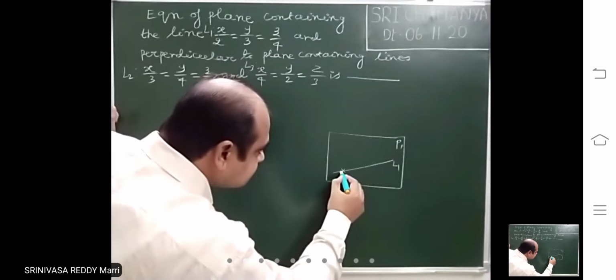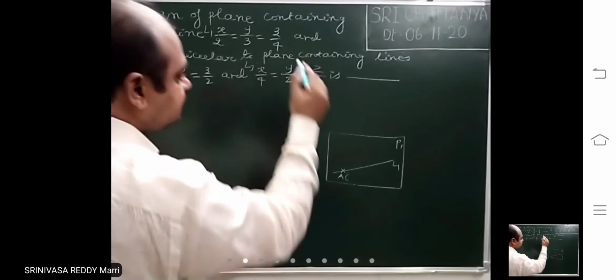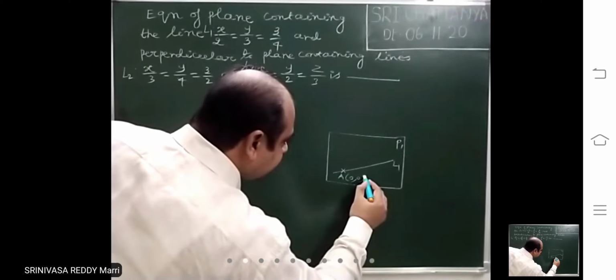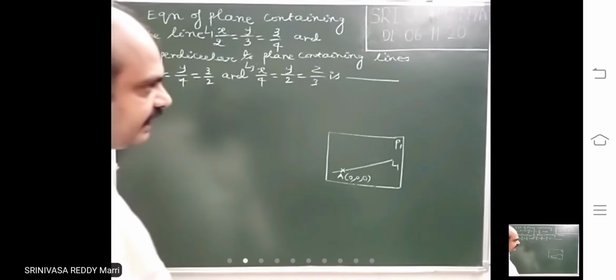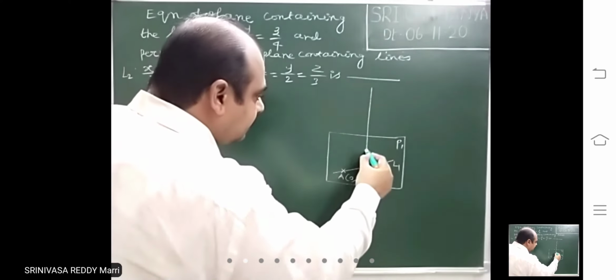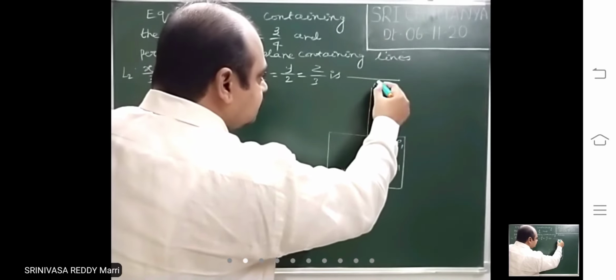On this line a point will be there. What is that? 0 0 0 is on that line. So our required plane is having one point, and we have to find drs of the normal. Proceed according to logic.